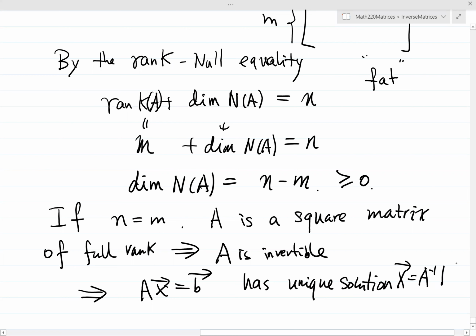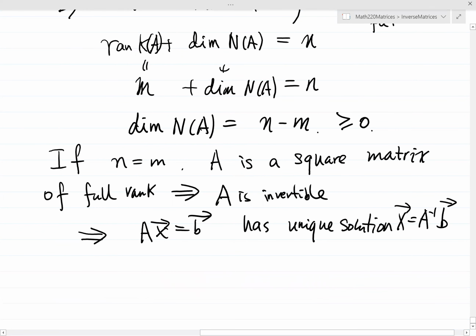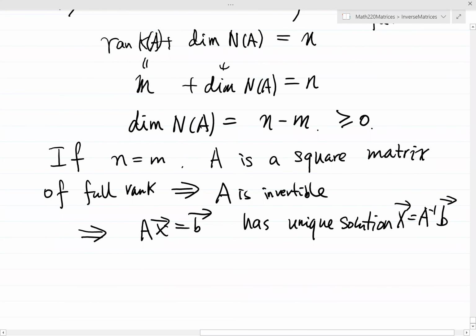In that case, the null space has dimension 0. Okay, let's do some examples to see what happens.